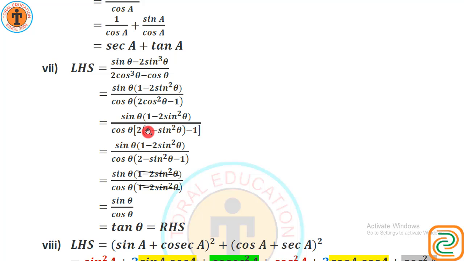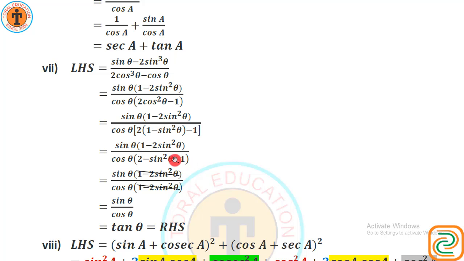2 ones are 2. 2 minus 1. Right? And here 2 into sin square theta. Here should be 2, but I forgot 2, but I have written here again. 2 minus 2 sin square theta minus 1.